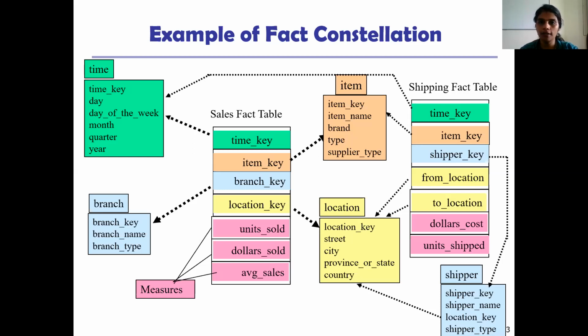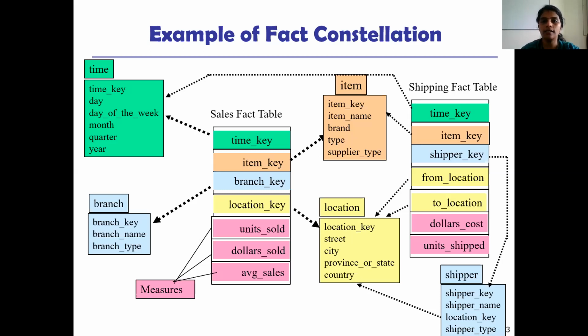So we are done with the three schemas. Star schema looks like a star with a central fact table and many dimension tables connected to the fact table. The problem over here is redundancy. To overcome this problem, we have the snowflake schema where the dimension tables are further normalized.